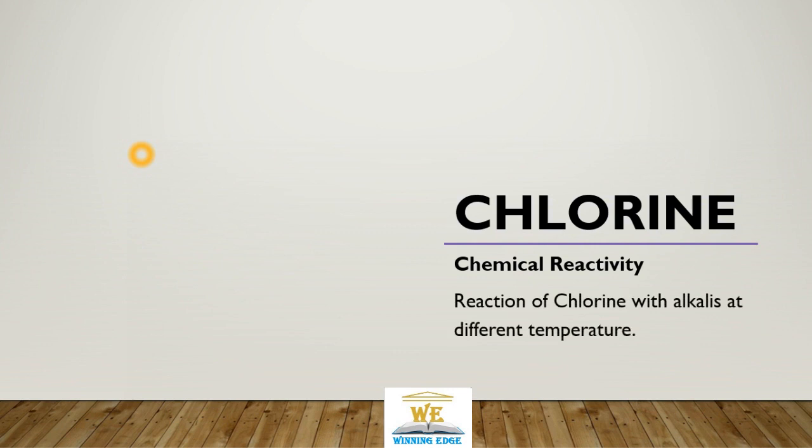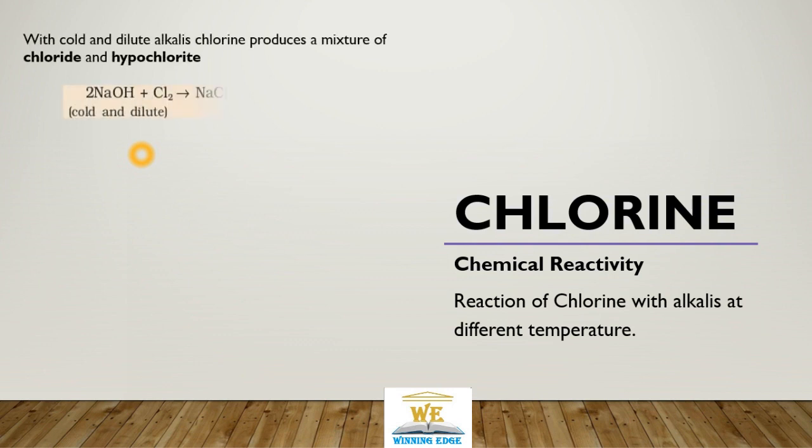Reaction of chlorine with alkalis at different temperatures. Let's say we react sodium hydroxide with chlorine under cold conditions, getting NaCl, NaOCl, sodium hypochlorite, plus H2O. This is sodium hypochlorite we are getting.